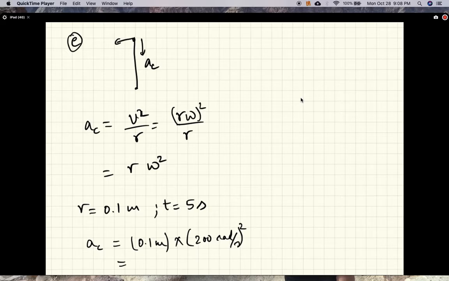So this is 4,000 meters per second squared. Wow, that's quite a large centripetal acceleration.